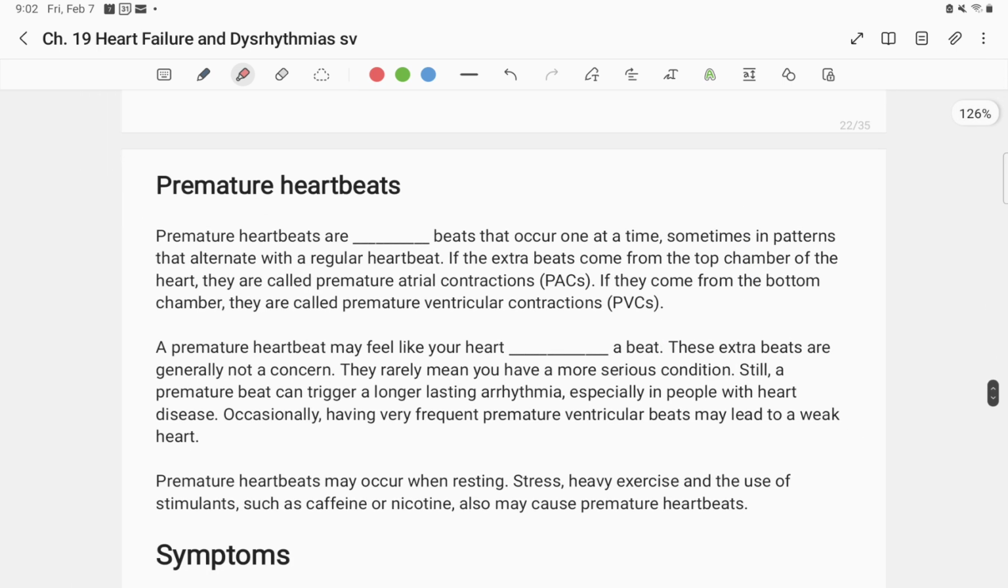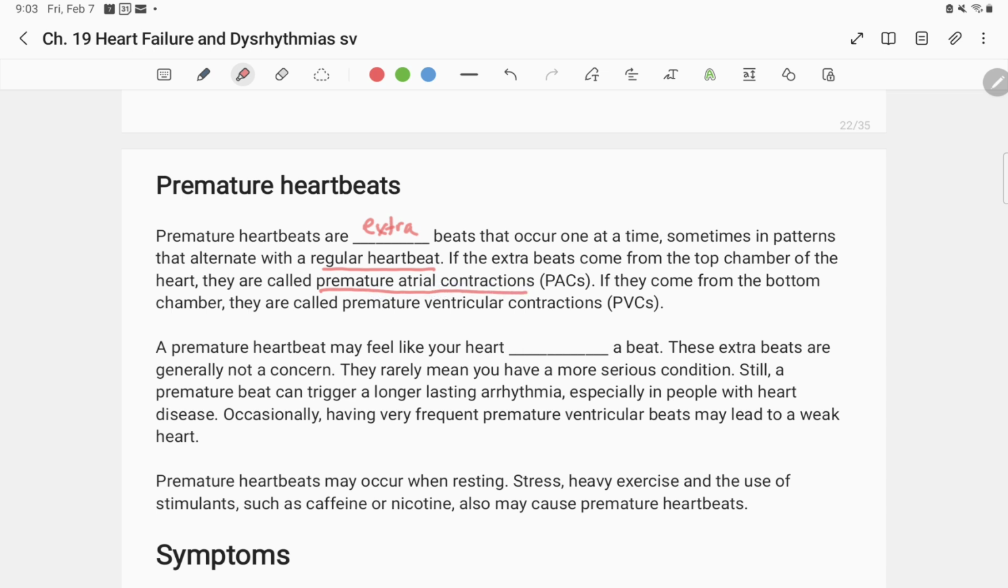Premature heartbeats are extra beats that occur one at a time, sometimes in patterns that alternate with a regular heartbeat. So on EKG, you'll see a normal heartbeat followed by a change in the EKG wave, followed by normal, and so on. If the extra beat comes from the top chambers of the heart, that would be premature atrial contractions.